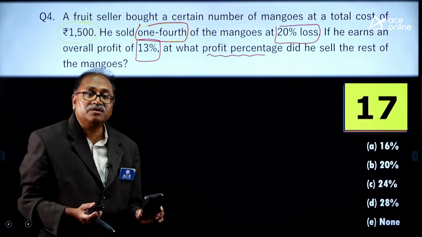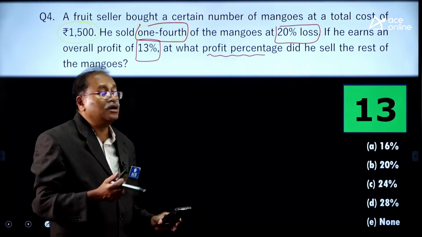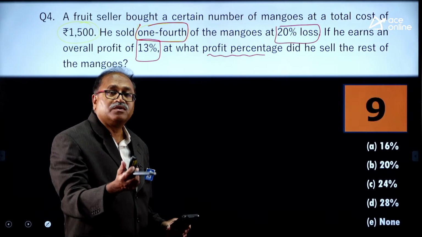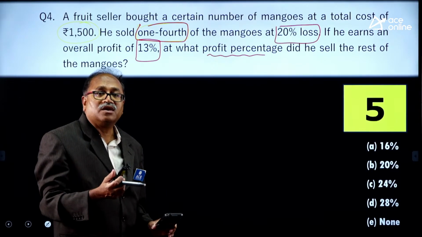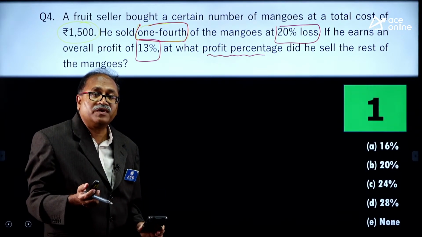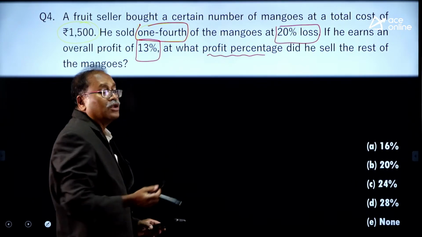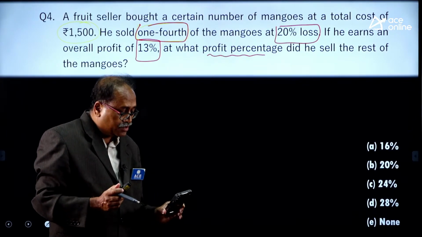And the best method I am going to share for questions like this: some part, 1/3, is sold at 20% profit, the remaining 1/3 is sold at 30% loss, the remaining is sold at 50% profit. In that case, how to find out the overall profit percentage? Here in this case, we have the overall profit percentage, one middle figure is missing, find out that.